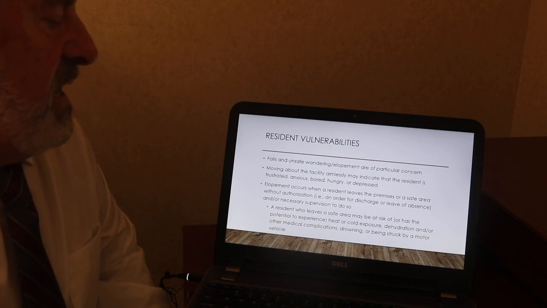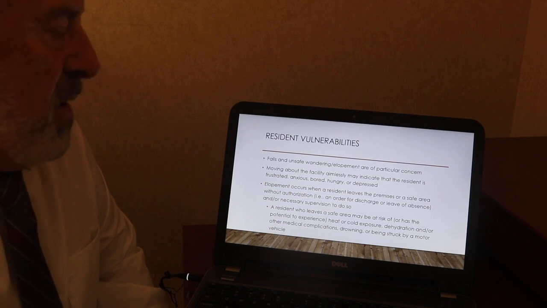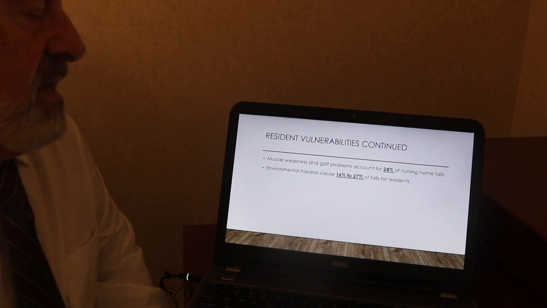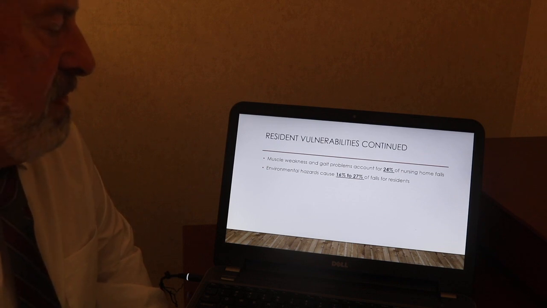A resident who leaves a safe environment may be at risk for or has a potential to experience heat or cold exposure, dehydration, and/or other medical complications such as drowning or being struck by a motor vehicle. Muscle weakness and gait problems account for 24% of nursing home falls.